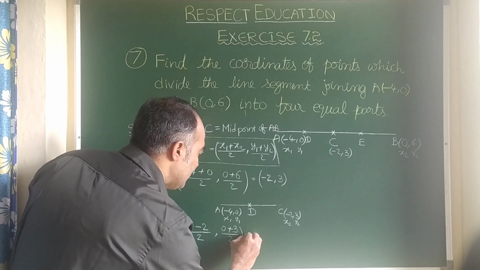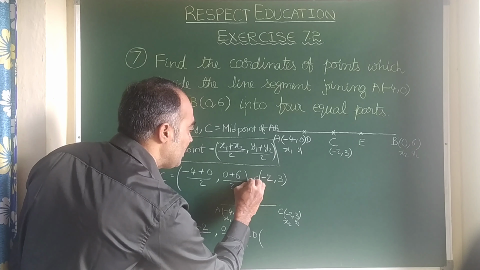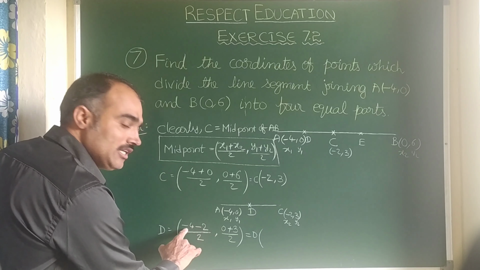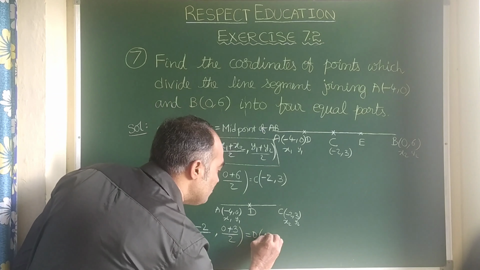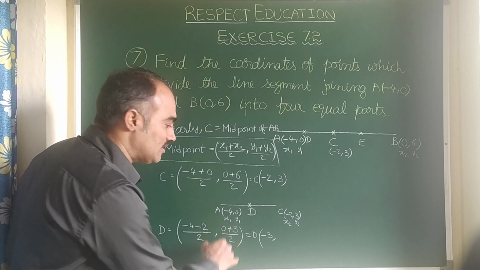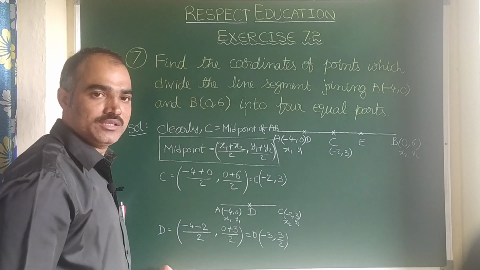So this value is D. Let us write C here so as not to get confused, and I am writing D here. -4 minus 2 is -6. -6 by 2 is -3. Next, 0 plus 3 is 3, so it is 3 by 2. Now we got D also.